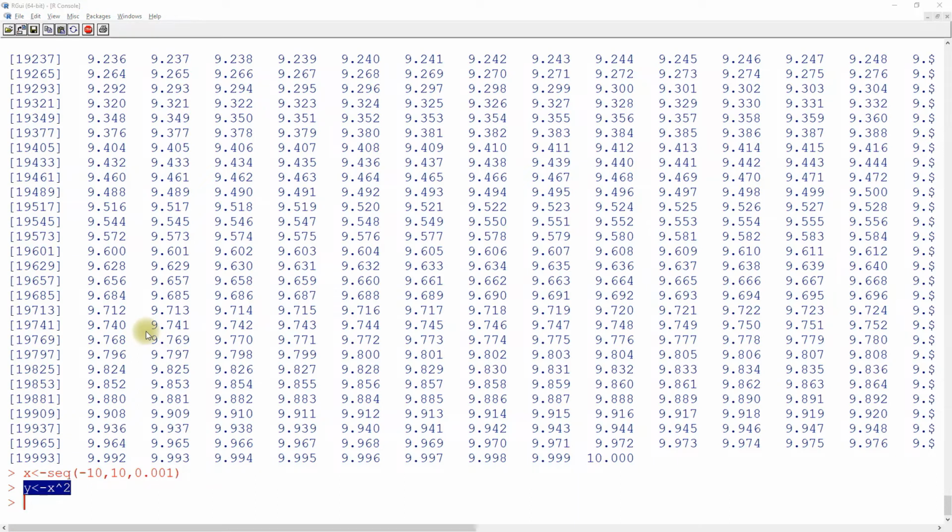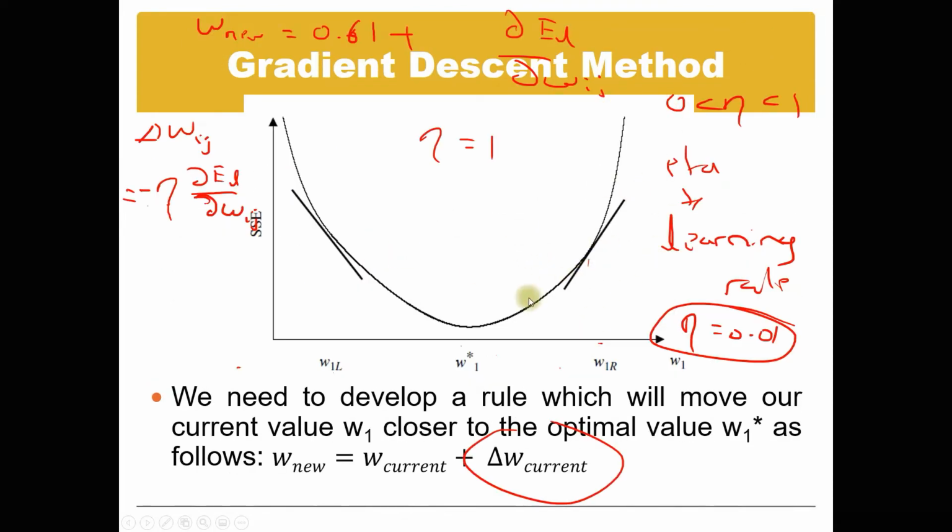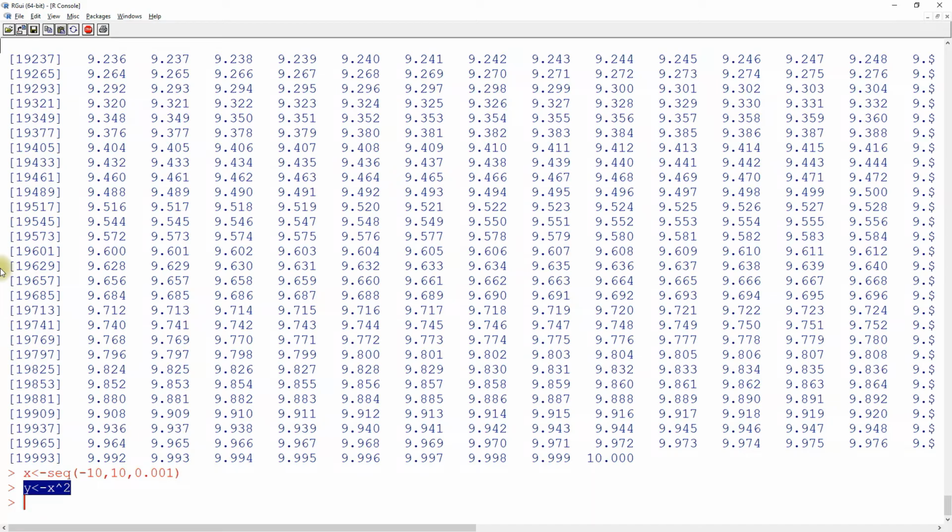All right. So in other words, we are facing a similar kind of situation here, where y is the sum of squared errors, which is our Ed, and the x represents our weights. So what we want to do first is plot that, and I'm going to plot it for you with this code.